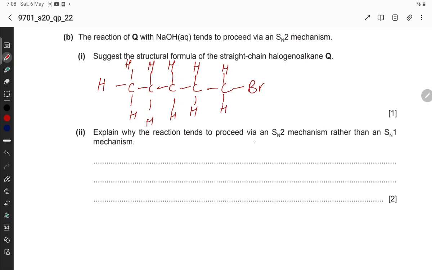Explain why the reaction tends to proceed via an SN2 mechanism rather than an SN1 reaction.